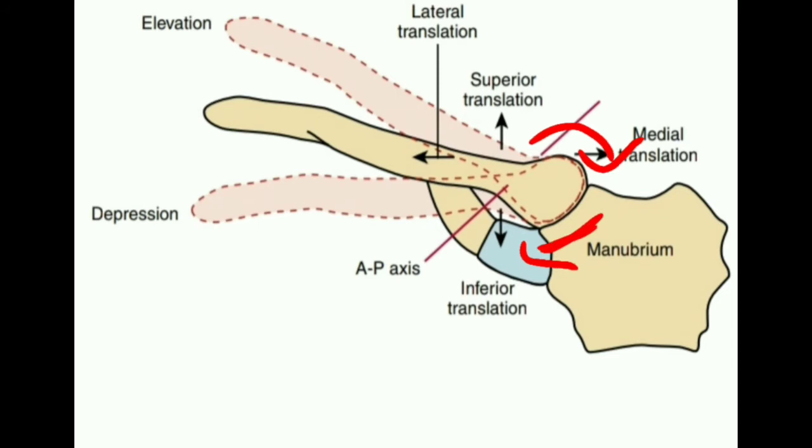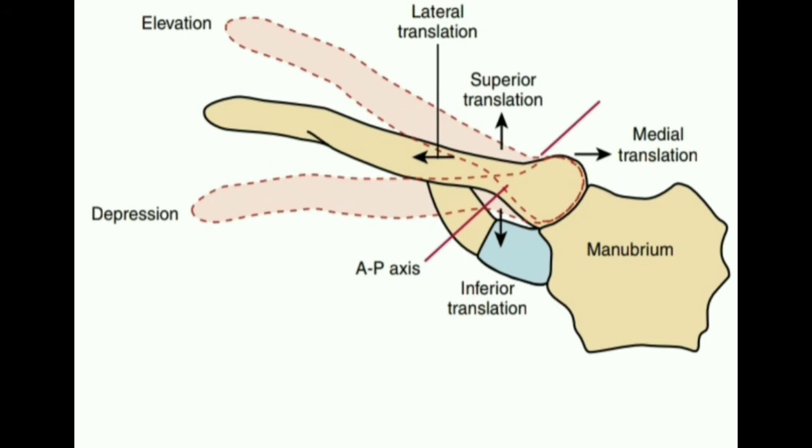So when the clavicle elevates, it rolls superiorly and glides inferiorly. This will be the direction of the medial end of the clavicle. If you have any doubt about arthrokinematics and osteokinematics, let me know in the comment section. We will have a video on that.